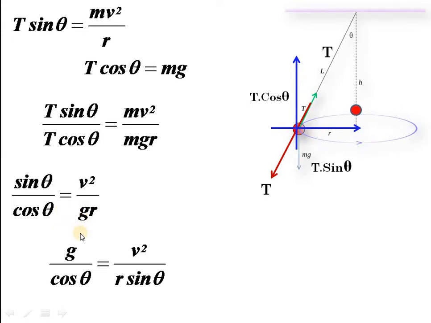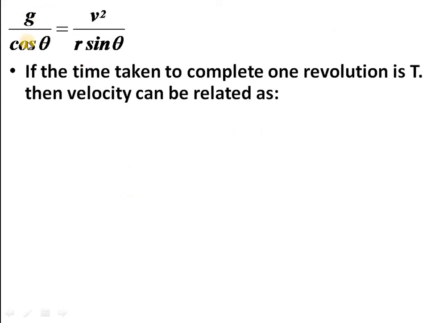We get g by cos theta equals v square by r sin theta, where v is the velocity with which the bob is circulating, and g is the acceleration due to gravity at that place.